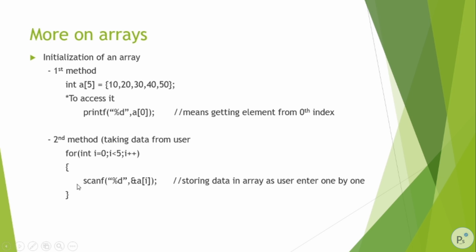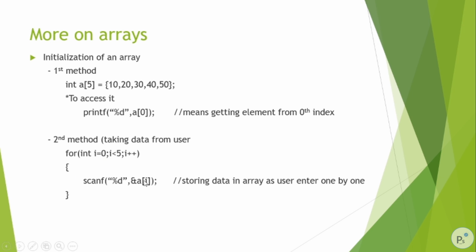To store the values we use the scanf function: scanf("%d", &a[i]). Here i at the beginning is 0. In the integer array a[5] we have declared 5 vacant spaces for integers.